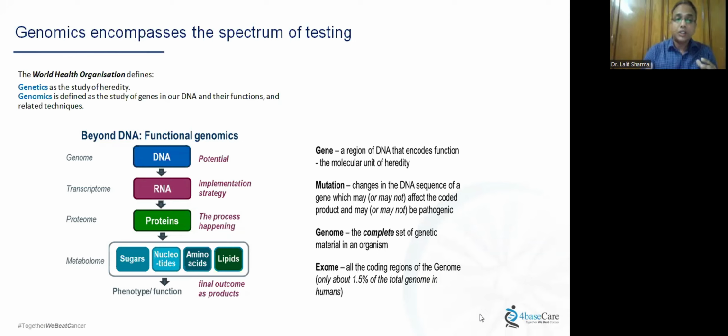And these proteins are the actual tools which affect the function or the phenotype. Taken all together, these proteins, lipids, sugars and nucleotides can be considered as the metabolome. So this is the final outcome product, and these are the ones which affect the cells in vivid manners.